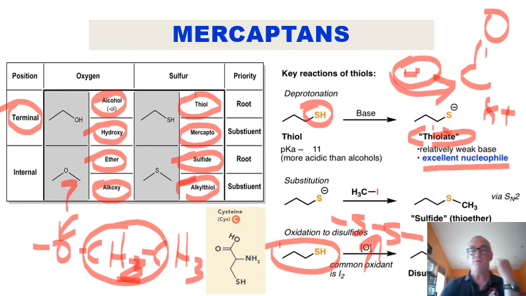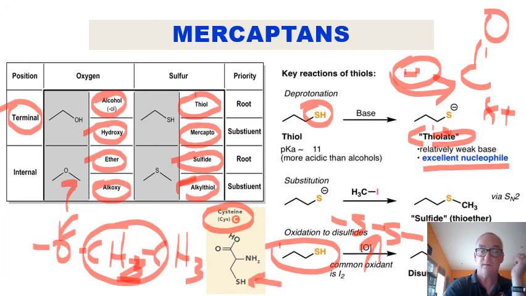And that's due to an amino acid called cysteine. Cysteine is a thiol. It has a mercaptan group on the end. And when two cysteines come together and are oxidized, they form the disulfide bond, and that keeps them together.